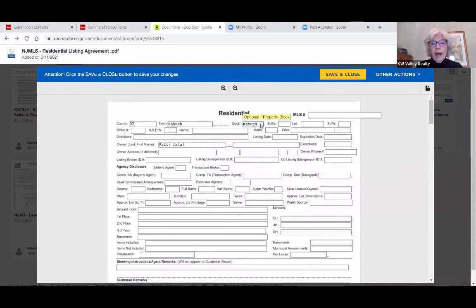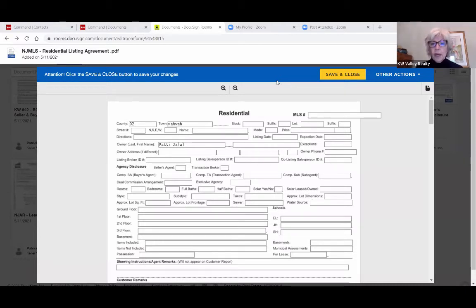And block and lot are from the tax records. Block and lot are from the tax records. Before you take a listing, and actually before you meet with the sellers, you should run a copy of the tax map through Realist, flip over and look at the flood maps just to make sure you're not going to be surprised.